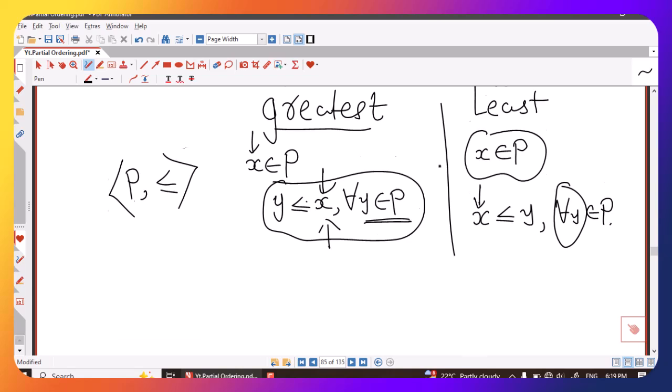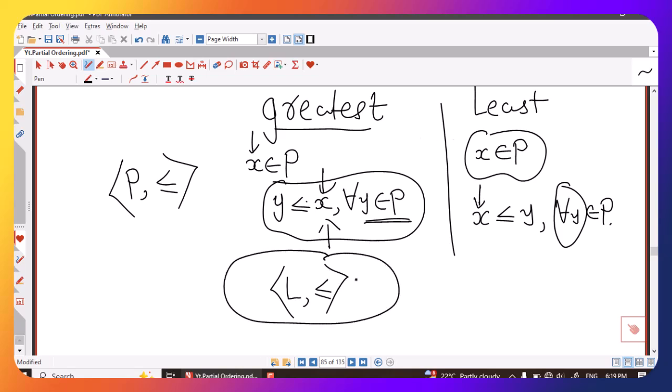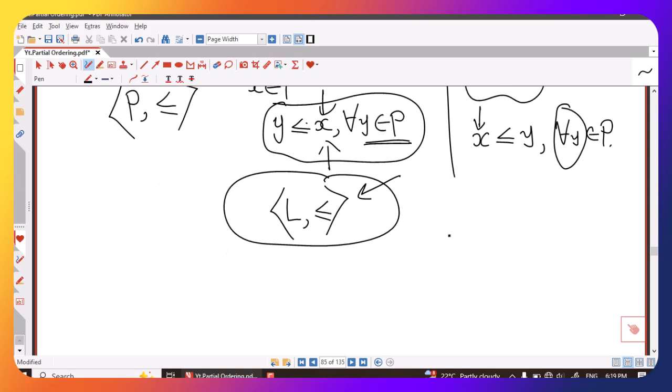We must be familiar with greatest and least elements of a poset, and we know that a lattice is a special type of poset, so these definitions are the same for a lattice also.